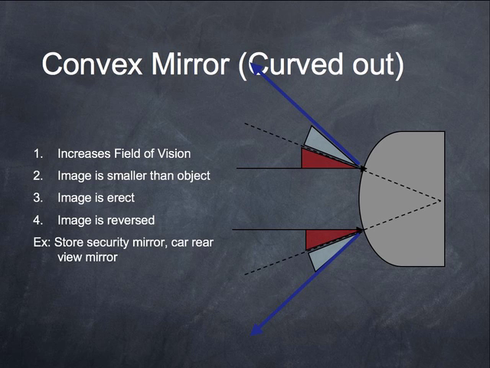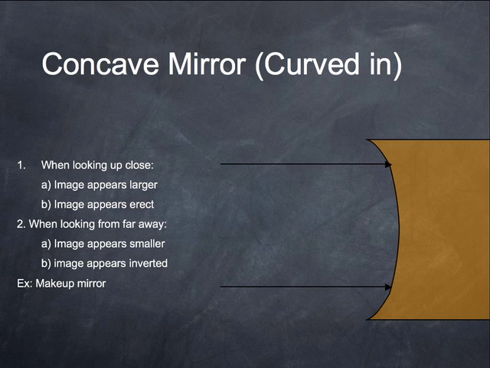And I'll show you some actual examples of these mirrors in a few minutes. A concave mirror is working in basically the opposite direction. Okay. So, let's think about this. When this incoming light ray hits the surface here, where would I draw the normal?